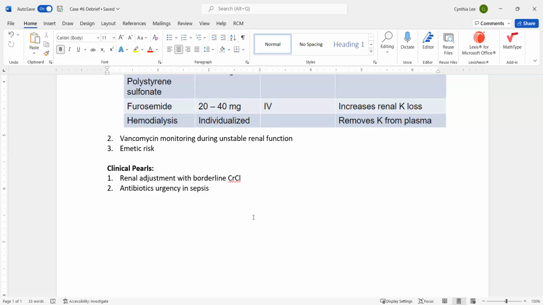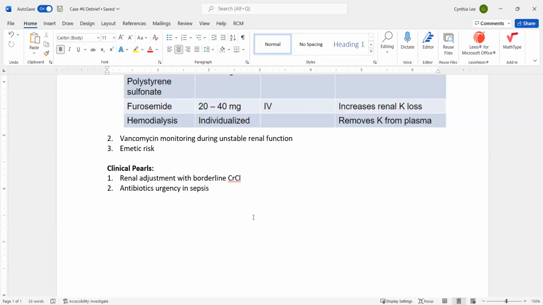Typically, if you look at the guideline, when somebody comes in with sepsis and an antibiotic is ordered, the door to needle is typically within 1 hour, because it's an emergency setting where sepsis can kill people. So they want to give the treatment as soon as possible. A lot of times antibiotics need to be compounded and everything else, so it takes time. And on the pharmacist side, we need to make sure the doses are adjusted, correct, and compounded.